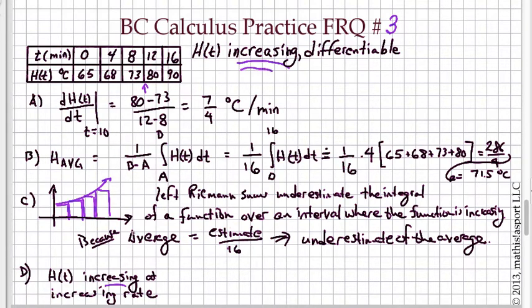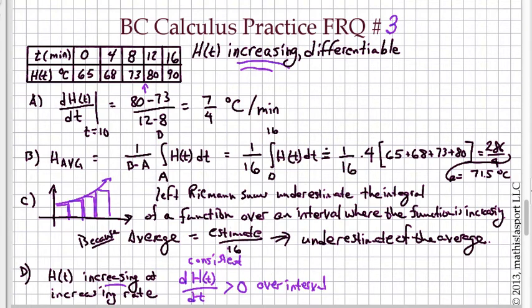Okay? What they're asking is the data consistent with this being greater than 0 over the interval? That's the question. Is it consistent with dh/dt being greater than 0 over the interval?